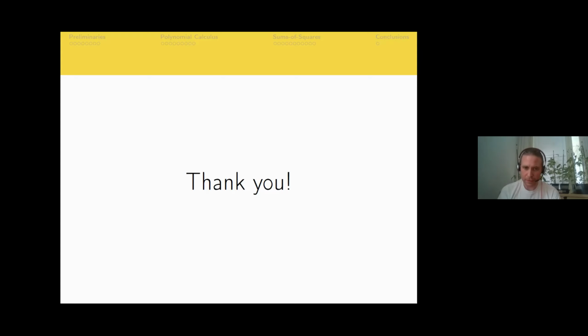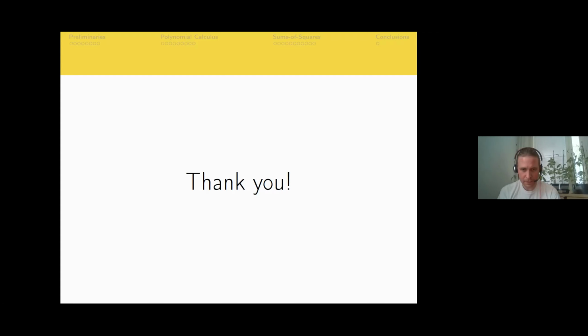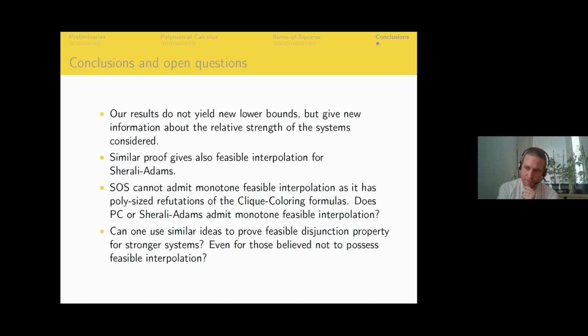So, I'm sorry, can you repeat the question? Can you go back to the last slide, please? Okay. So you're wondering whether feasible disjunction properties for stronger proof systems are possible, even though they are not believed to possess this. In the beginning, you mentioned Frege and extended Frege, which are believed not to have it because of some cryptographic assumption.